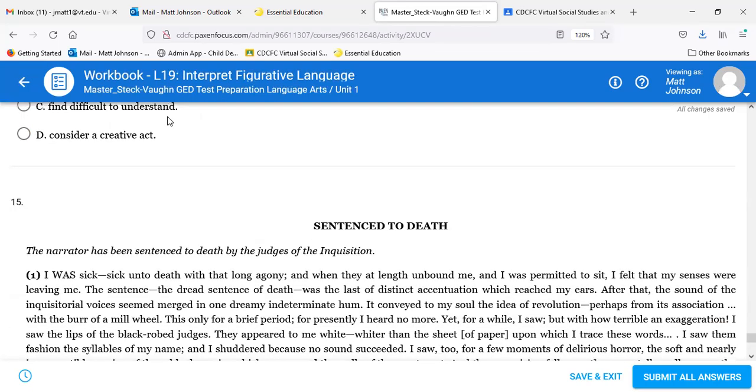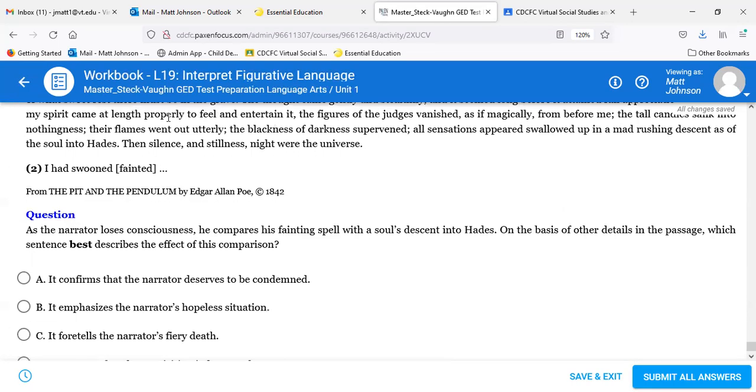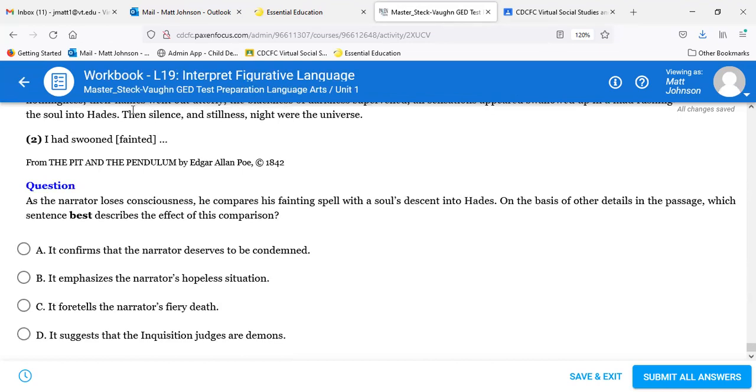And our last one here, 15. Christiana, 15 for us. As the narrator loses consciousness, he compares his fainting spell with a soul's descent into Hades.